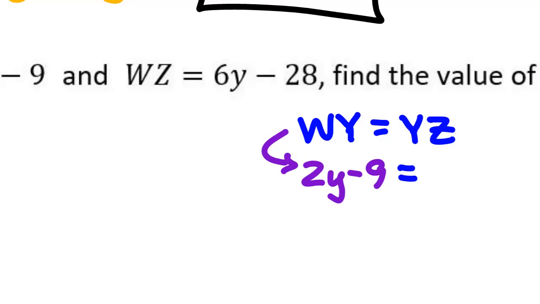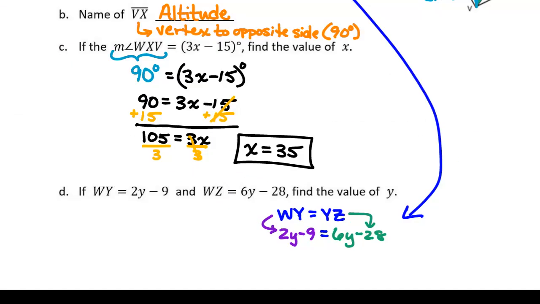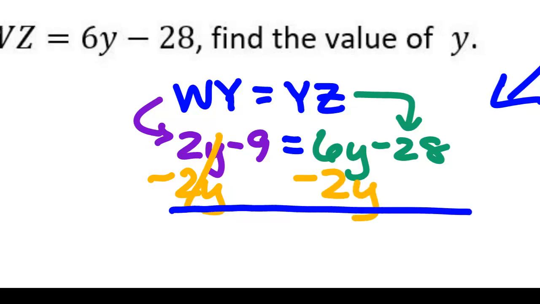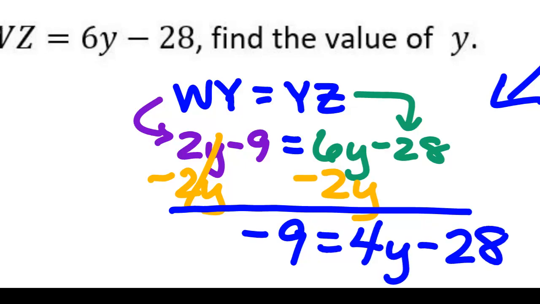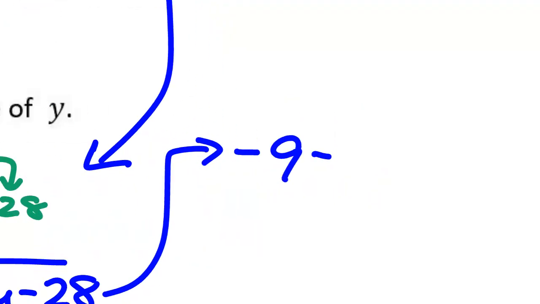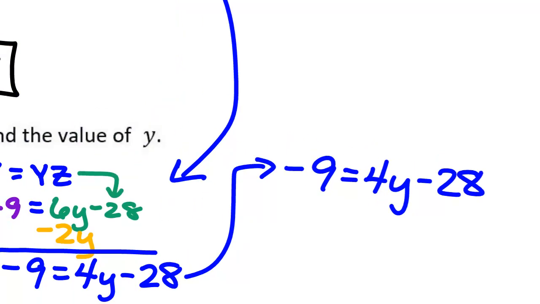In the place of yz, we can put 6y minus 28. Then we're going to solve this for y. First thing we need to do is get our y's to the same side. So I would subtract 2y from both sides. So I'd have negative 9 equals 4y minus 28. Then we're going to add 28 to both sides.